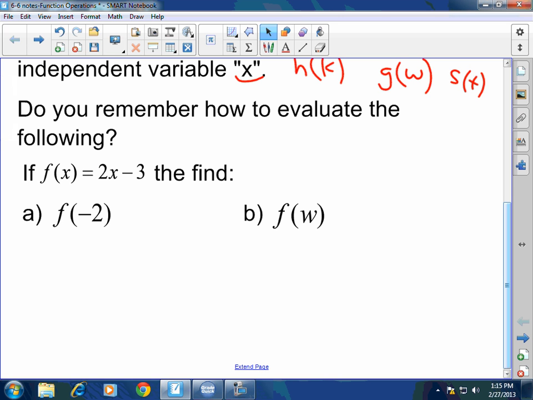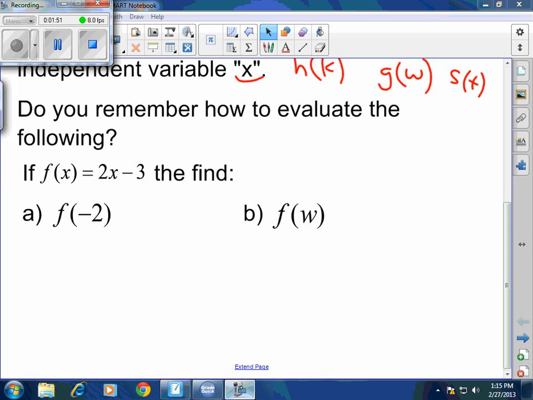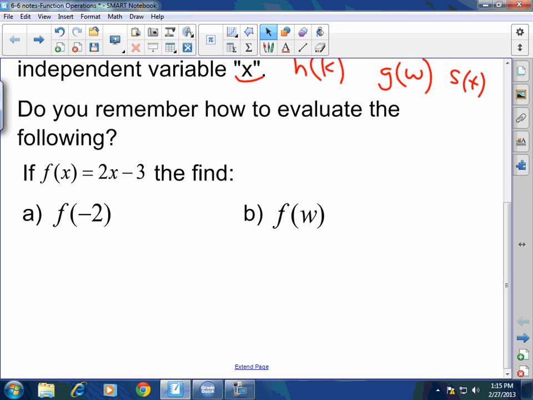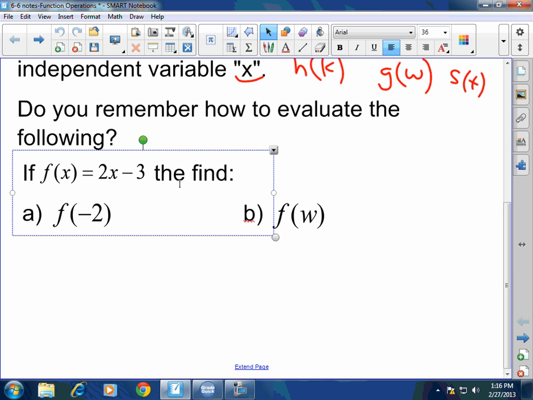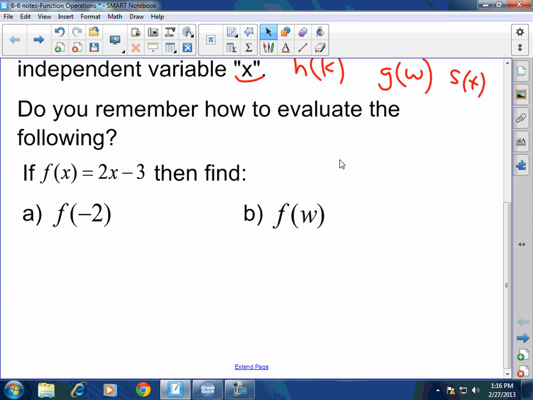So, do you remember how to evaluate the following? If f of x equals 2x minus 3, then find f of negative 2 and f of w.